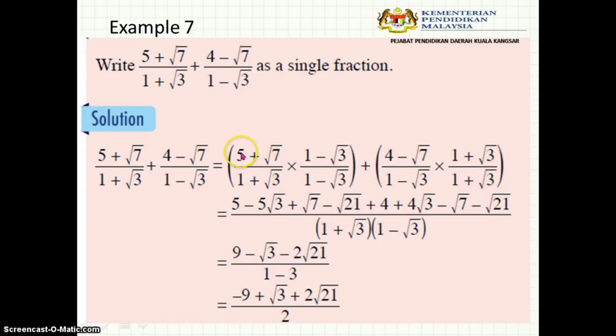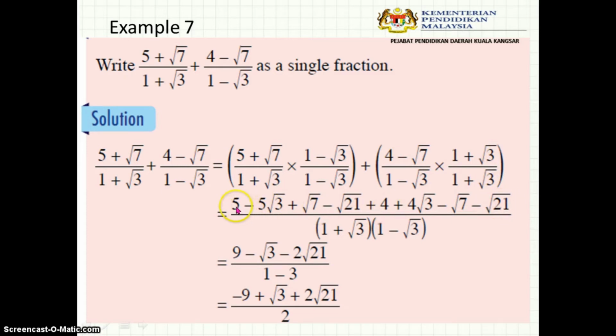So we expand: 5 times 1, 5. 5 times negative surd 3, negative 5 surd 3. Surd 7 times 1, surd 7. Surd 7 times negative surd 3, negative surd 21. And then 4 times 1, 4. 4 times surd 3, 4 surd 3. Negative surd 7 times 1, negative surd 7. Negative surd 7 times surd 3, negative surd 21.